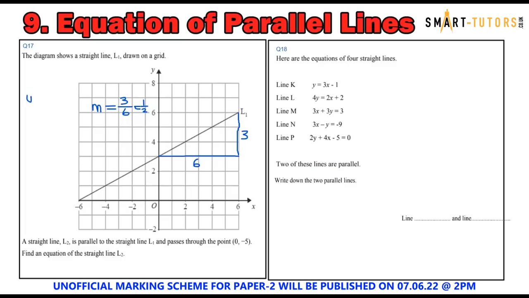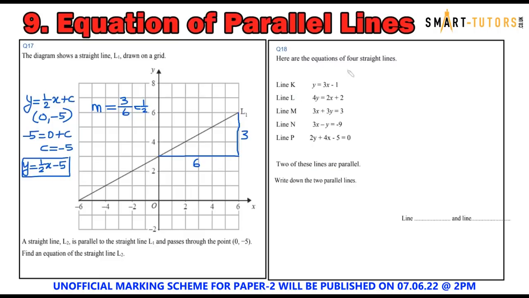So the equation of L2 is also y equals half x plus c. Now you can substitute the point passing through (0, minus 5). If you put 0 as the x coordinate, 0 plus c, so c equals minus 5. So the answer is y equals half x minus 5, and that is the equation for question number 17.